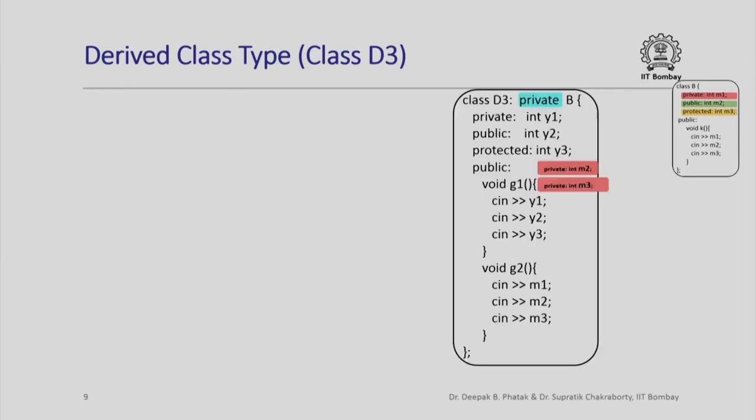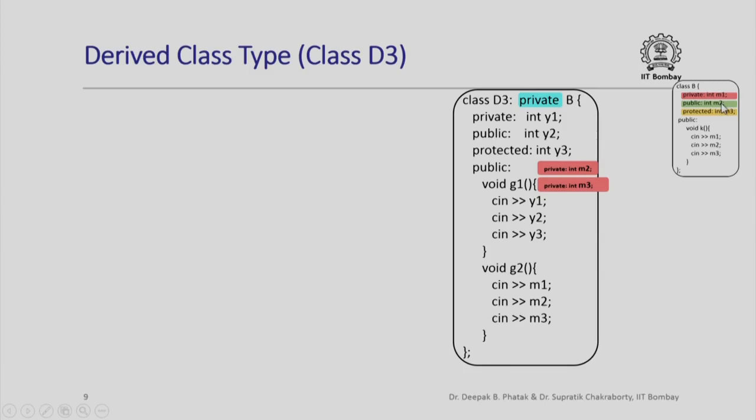So I have the same class B, and here I have a derived class D3 which is derived from the base class B, but the derivation is a private derivation. And once again I have 3 additional data members of different access control specifications over here. Once again, M1 being private in the base class cannot be accessed within the derived class D3.